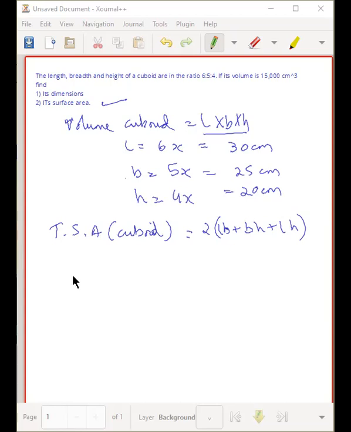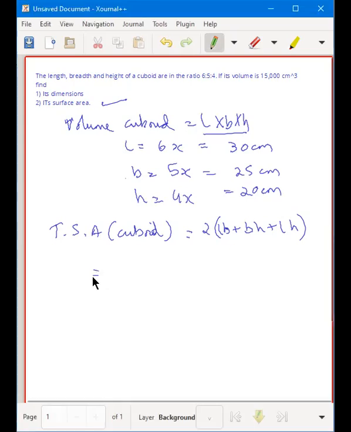Aryan, let's solve this. Yes, sir. So total surface area is equal to 2 into 30 into 25 plus 25 into 20 plus 30 into 20.